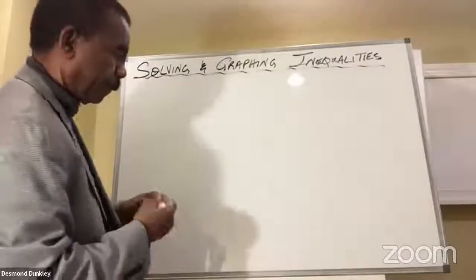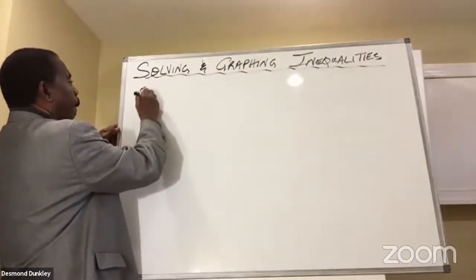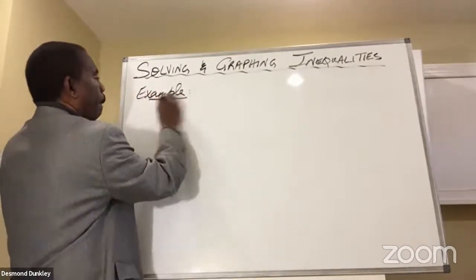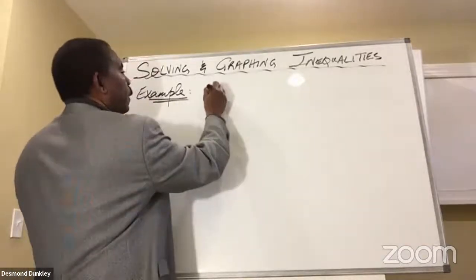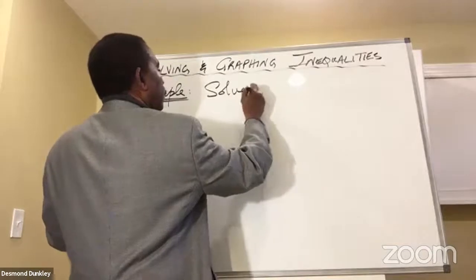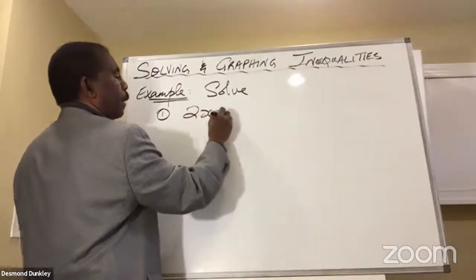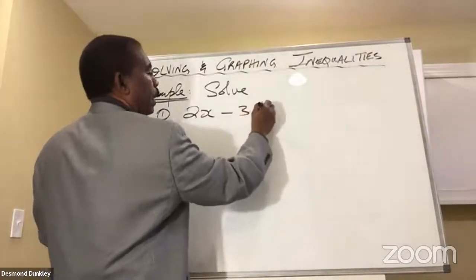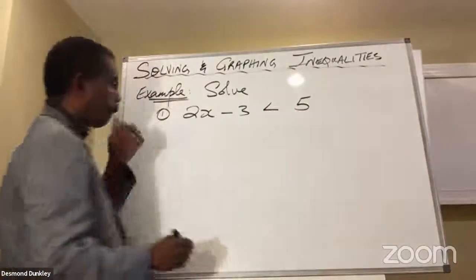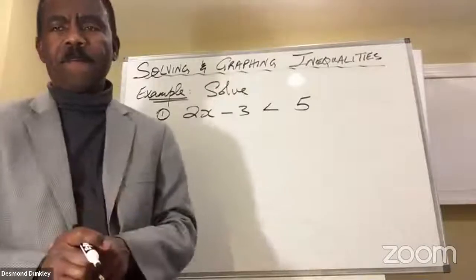For example, solve 2x minus 3 less than 5. 2x minus 3 less than 5.